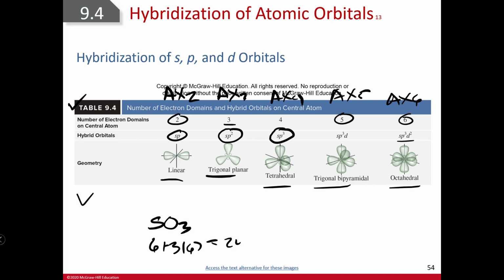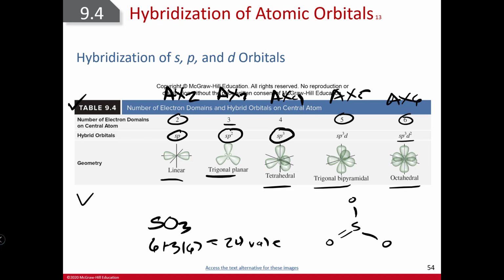I'm dealing with 24 valence electrons. Sulfur is the least electronegative, so sulfur goes in the middle, and the oxygens. Now you don't know that they do that in chapter 8, but you know. But in chapter 9, you know that 24 electrons. What we're going to have here is something that looks like this.